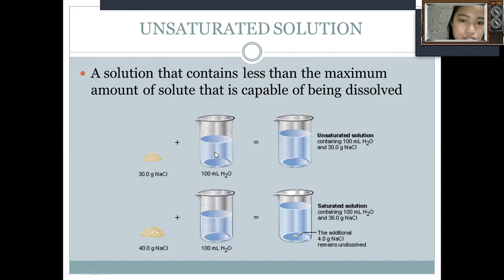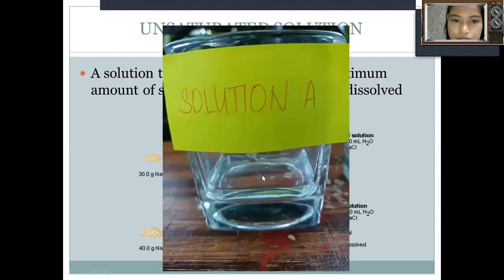So, for example, the solution A. In 20 ml of water, we put half a teaspoon of sugar, stir it, and we see a clear and transparent appearance. So this means that this solution is unsaturated.